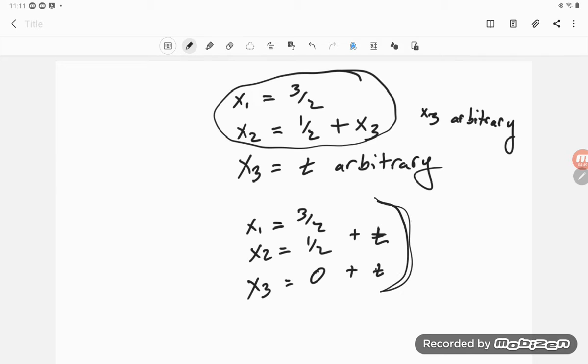Eventually, we're going to write things more like this one, and so that's probably not a bad habit to get into. Something like this tells us that x3 is indeed arbitrary. But once we decide what t is, then we know what x2 is, and we always know what x1 had to be. Okay, so that is our system.